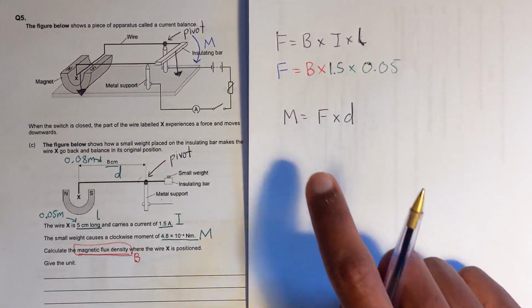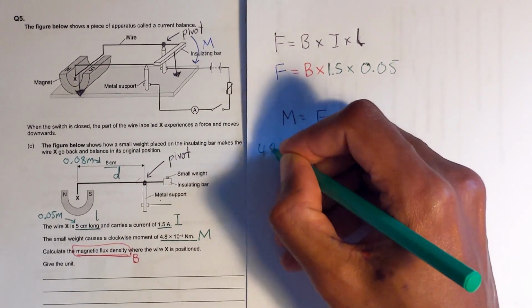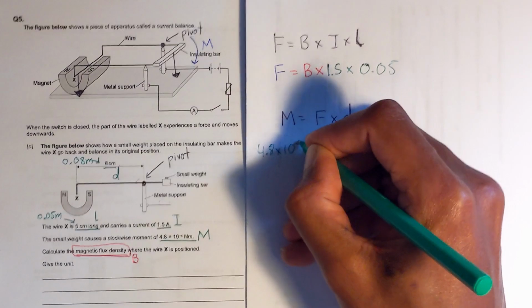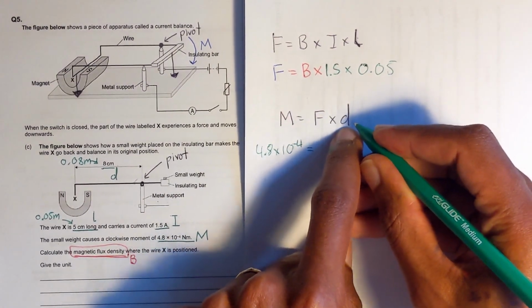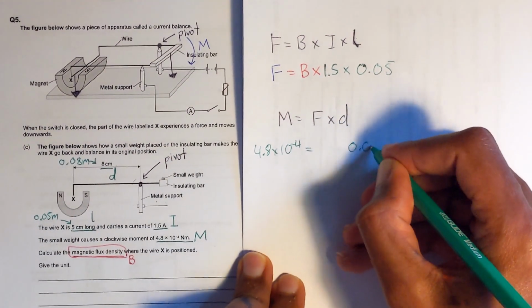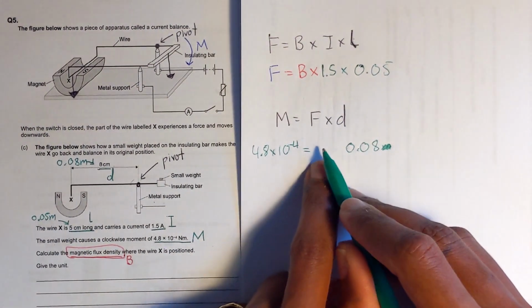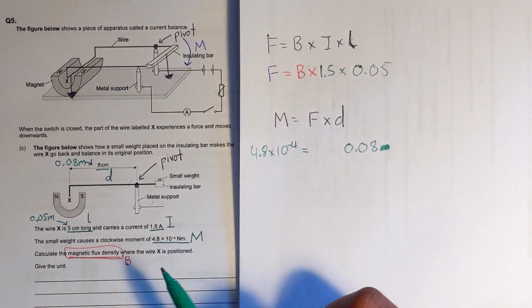We've been given a value of M of 4.8 times 10 to the minus 4. We've been given a value of perpendicular distance D of 0.08 meters after conversion. And that will allow us to find the value of F that we need for this earlier equation.